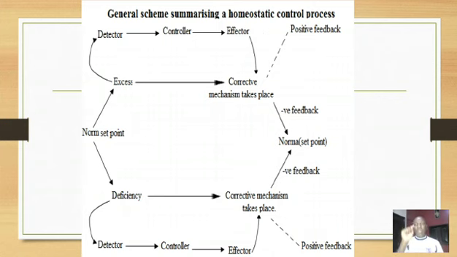However, remember the factor is in excess. Now, if the corrective mechanism does not decrease it back to the norm, and instead causes it to increase even more beyond the norm, then we call that positive feedback. But in homeostasis, remember, it should be kept constant, meaning positive feedback does not bring about homeostasis.